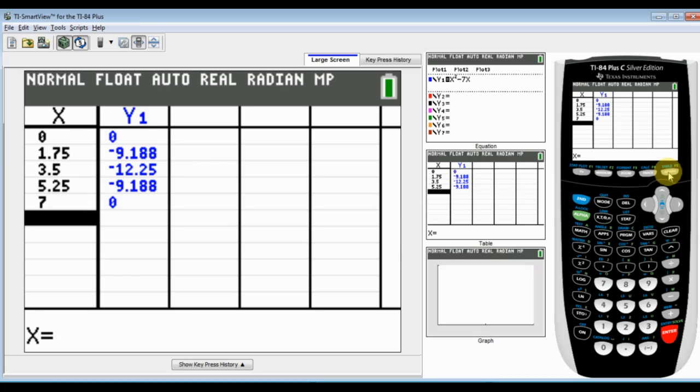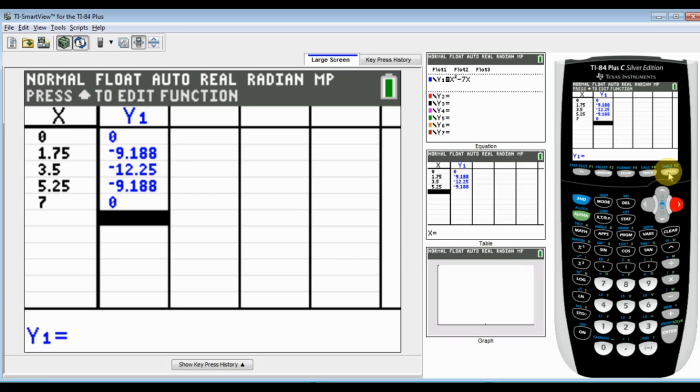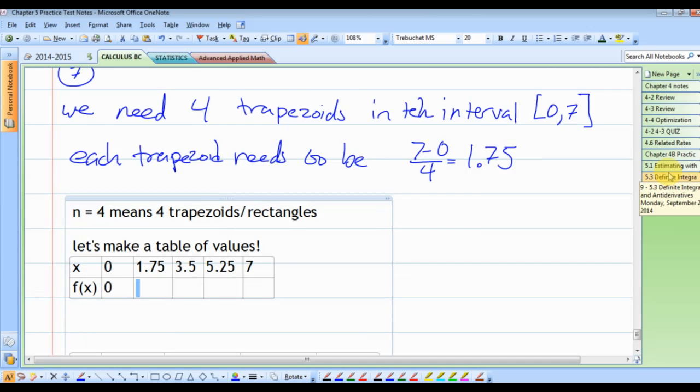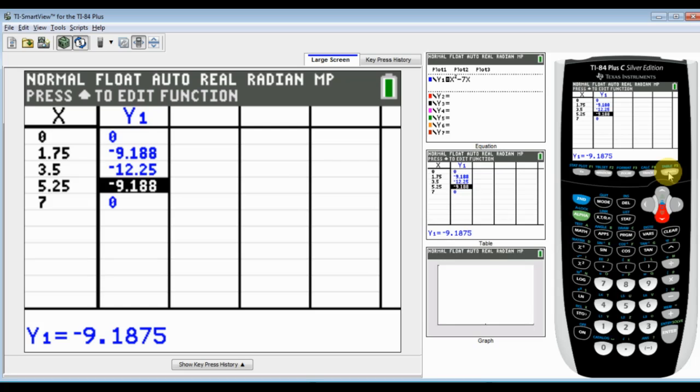Okay, so basically your calculator evaluated all of those really quickly. It gave it to you in a table, so you can just copy that down now, right? Negative 9.1875. Did I get the wrong numbers?